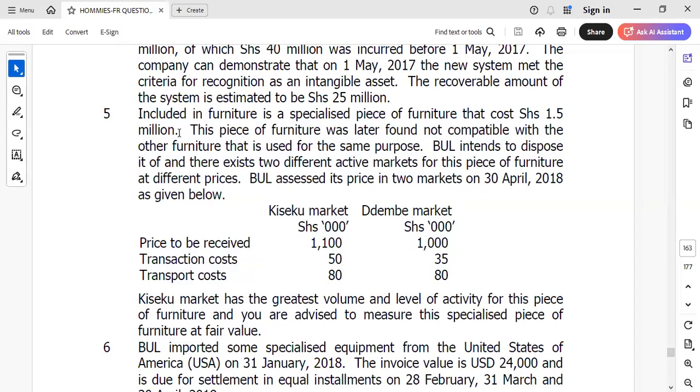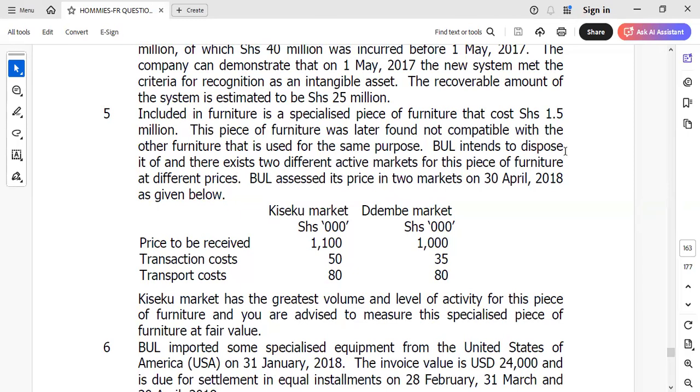We are told that included in the furniture is a specialized piece of furniture that cost shillings 1.5 million. This piece of furniture was later found not compatible with other furniture that is used for the same purpose.